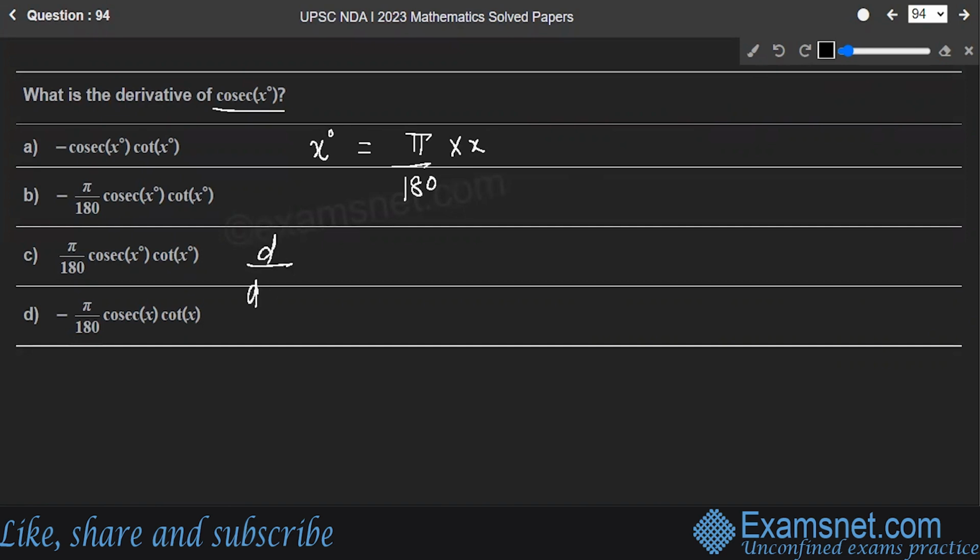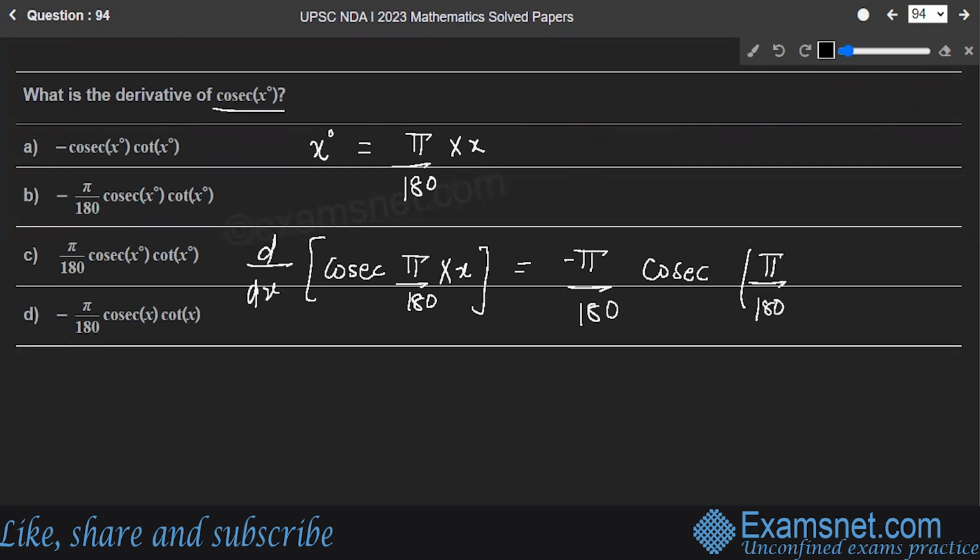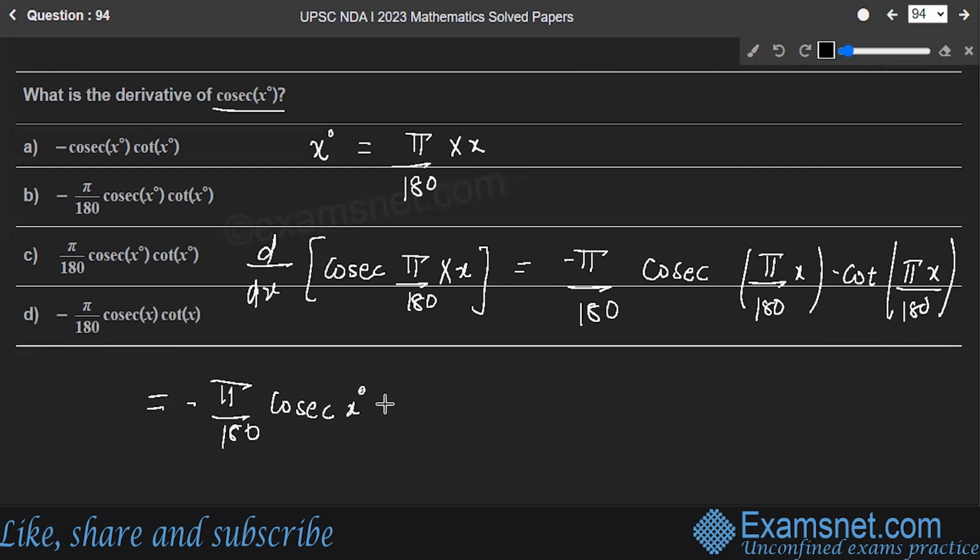So the derivative of cosec of (pi by 180)x is equal to minus pi by 180 cosec of x degree cotangent of x degree.